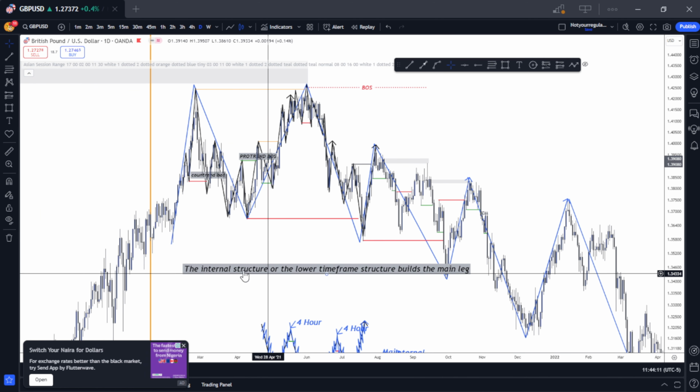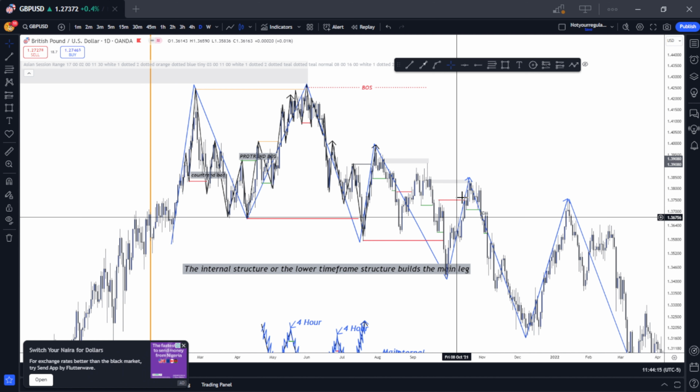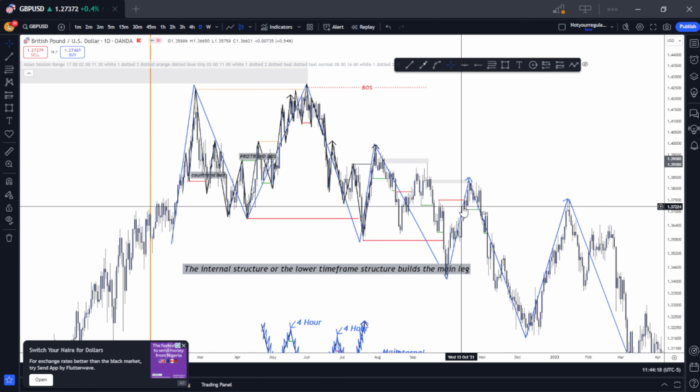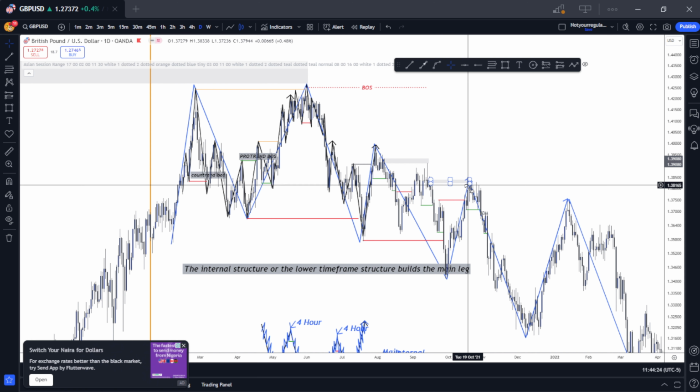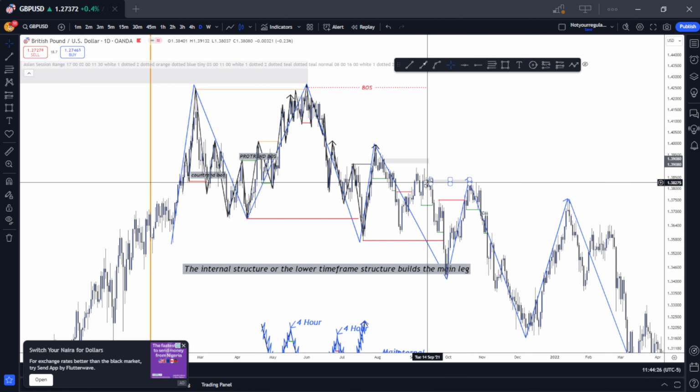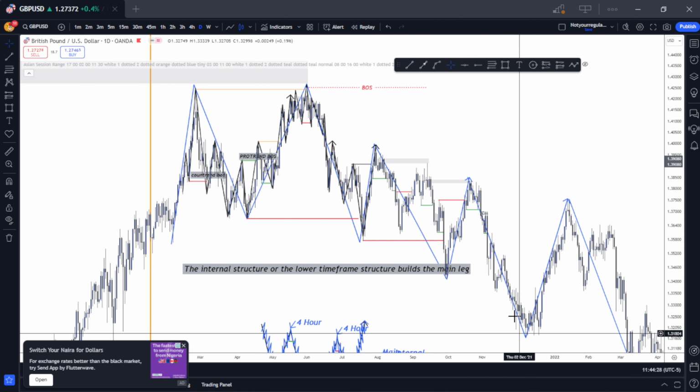So all these other blocks that are here are just smart money traps that cause a pullback for price to go into the internal structure, take liquidity, mitigate another block, then continue selling.